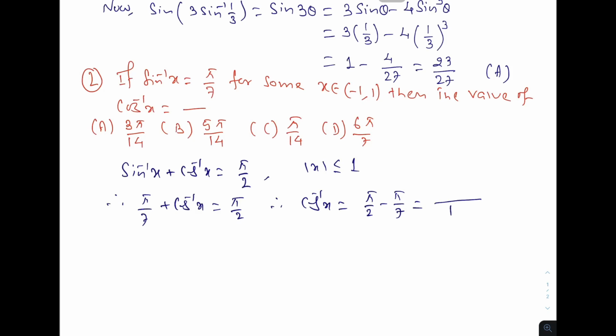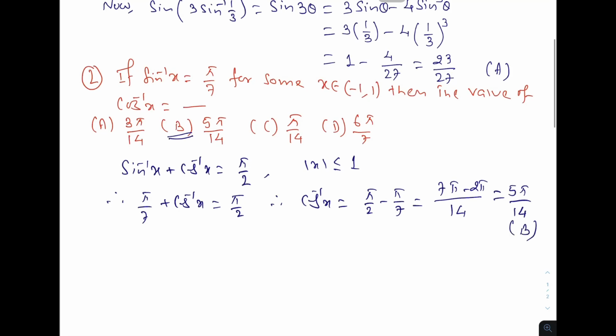The LCM of 7 and 2 is 14. So this is 7 pi minus 2 pi, that is 5 pi by 14. So option B is the answer.